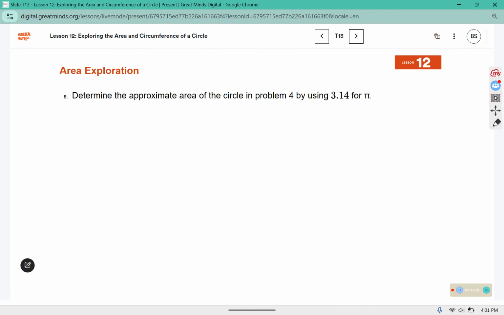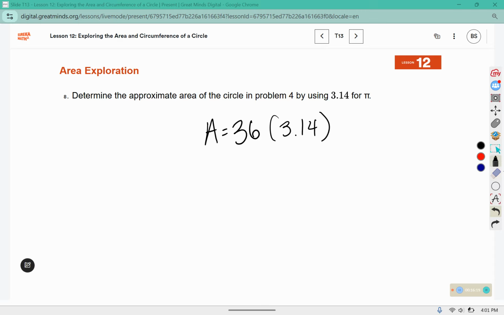Determine the approximate area of the circle in problem 4 by using 3.14 for pi. So if we had 36 pi, now we're replacing the pi with the approximation 3.14. So we will multiply. 6 times 4 is 24. 6 times 1 is 6, plus 2 is 8. 6 times 3 is 18. 3 times 4 is 12. 3 times 1 is 3, plus 1 is 4. 3 times 9 is 9.